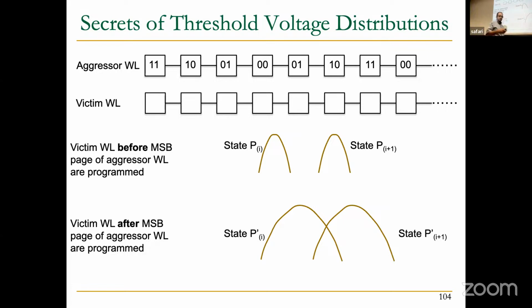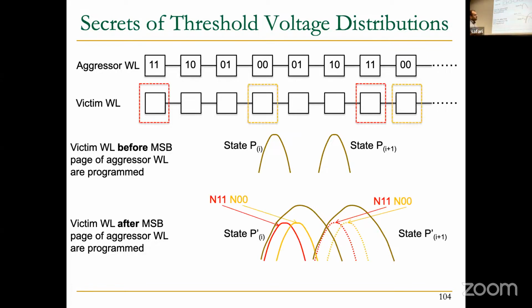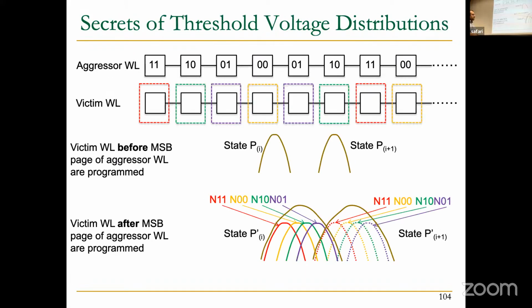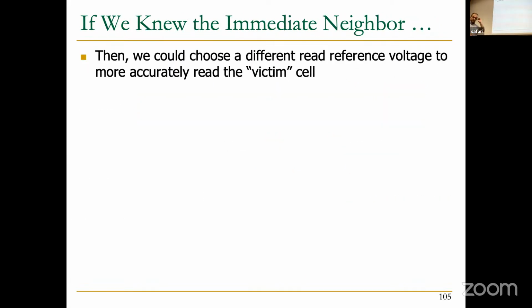But when you condition this with the value of your neighboring cells, you can actually get rid of overlap because these two do not have overlap. The yellow curve also does not have overlap, and so on and so forth. So that's the idea.